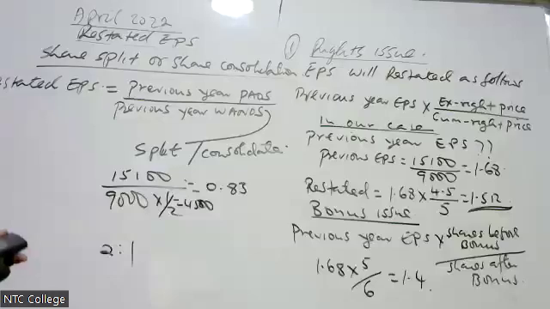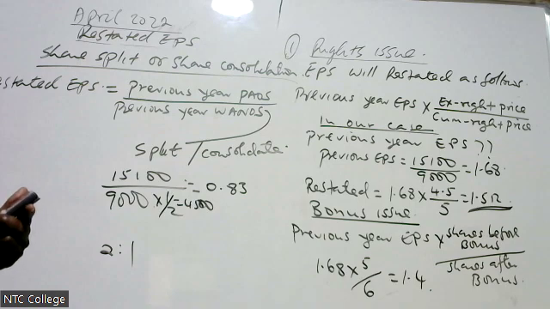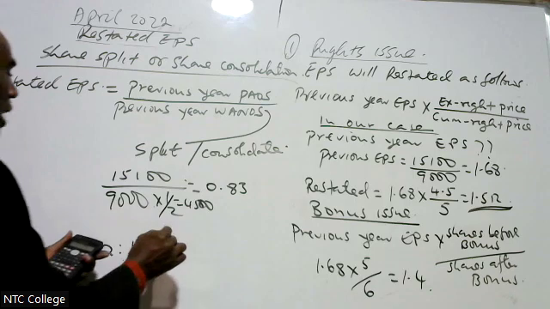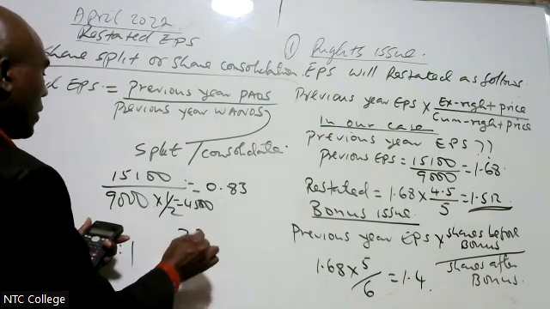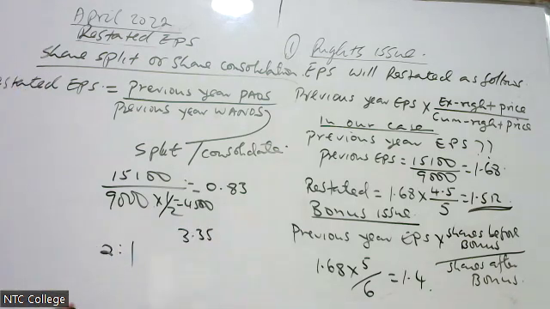Therefore, my EPS will be 15,100 divided by 4,500 if there was a share consolidation in the current year. It comes to 3.35 and so on.